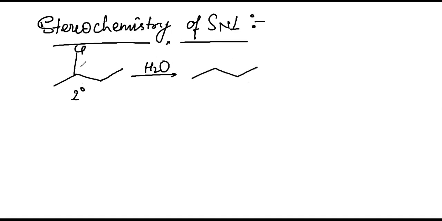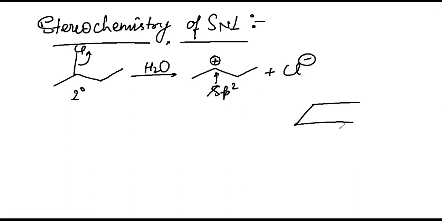First of all, Cl will leave. You'll get a plus here. Now this carbocation is sp2 hybridized, isn't it? sp2 hybridized has a planar shape.